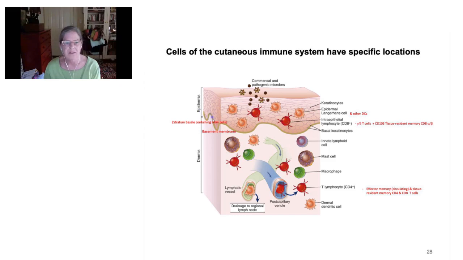There's a basement membrane, and just above it is a stratum basale, which is that single layer of cells here. Those are the stem cells that your skin gets renewed off of all the time. So they get renewed and turn into keratinocytes and flatten out and do all kinds of stuff to then form the barrier of your skin.